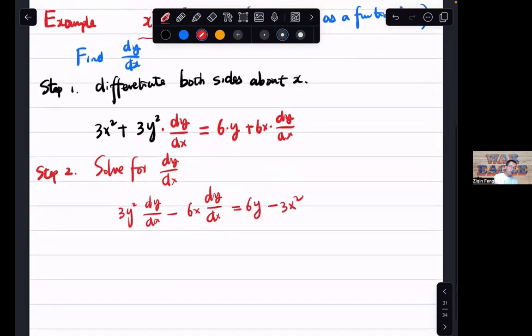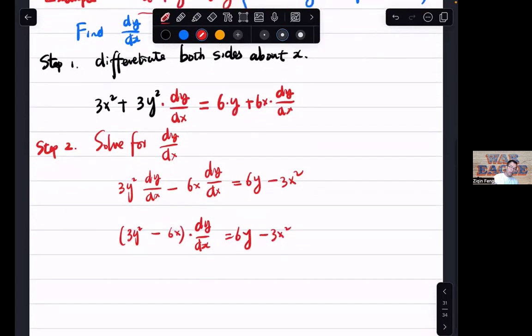Take out the common factor, dy over dx, because this is our unknown. 3y squared minus 6x times that is 6y minus 3x squared. So we get our derivative: dy over dx is 6y minus 3x squared over 3y squared minus 6x.